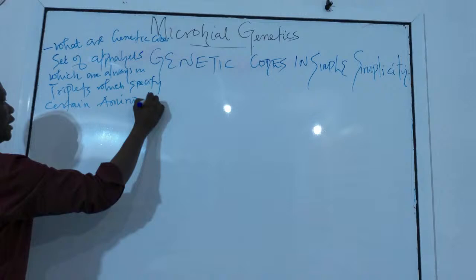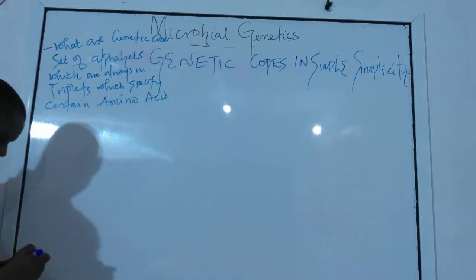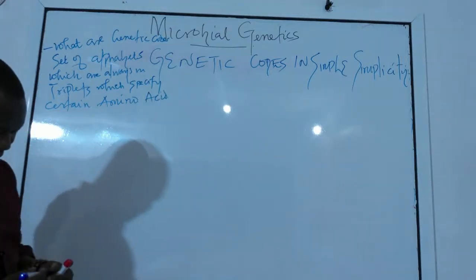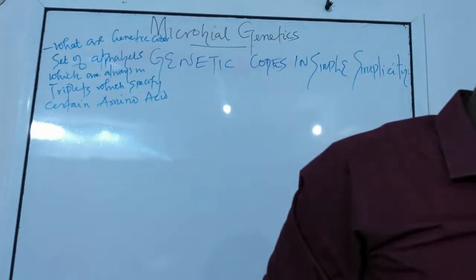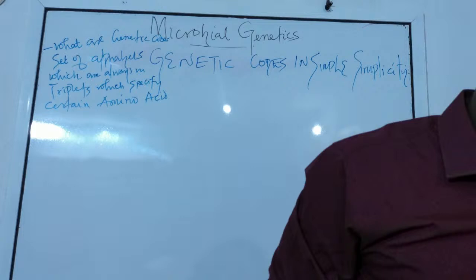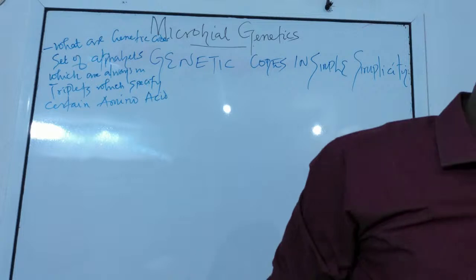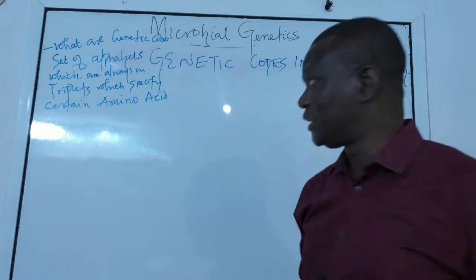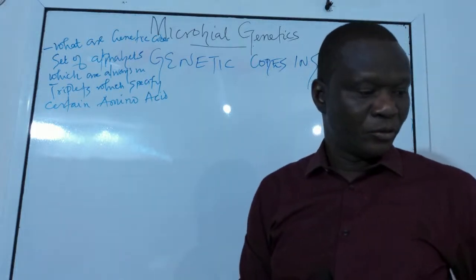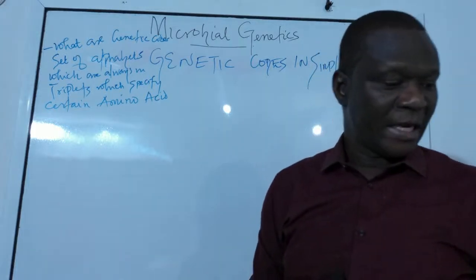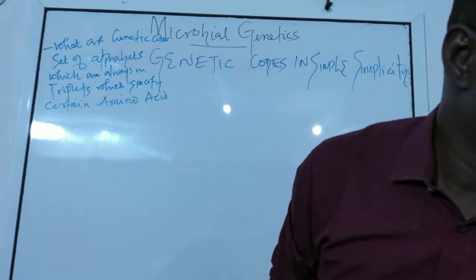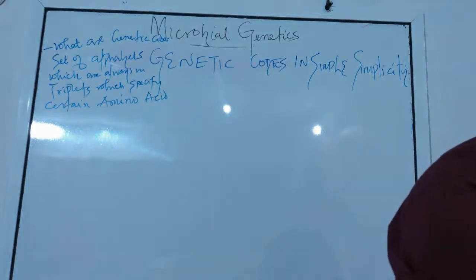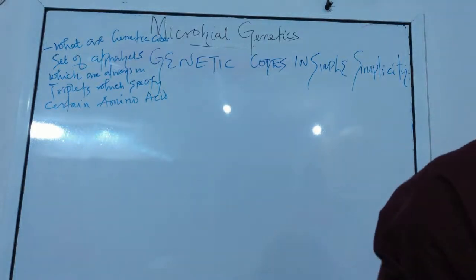Just like there cannot be any country or institution or course without its own language, genetic code is a combination of three alphabets that will definitely code for a certain amino acid.